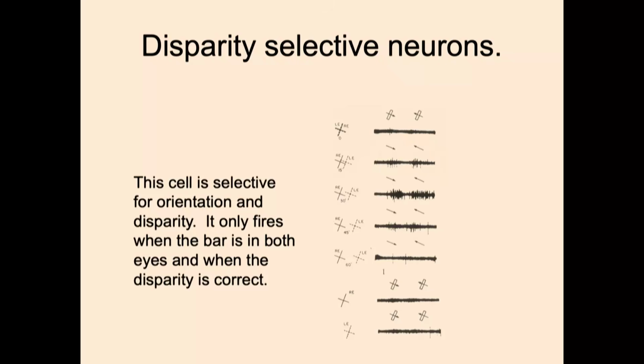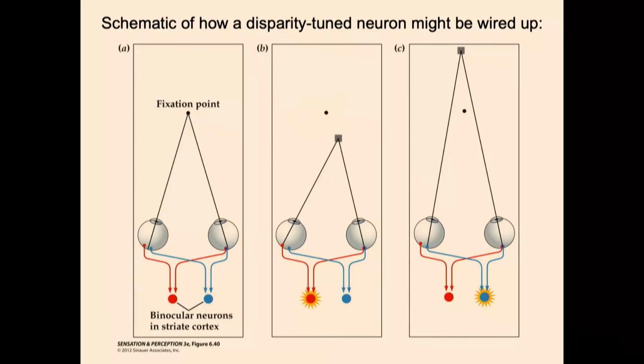Okay, so this happens even in early visual cortex. And again, that's consistent with the random dot stereogram and the idea that stereopsis is something that at least starts early in the visual system. And so it's easy to imagine how you might wire up a disparity-tuned neuron.